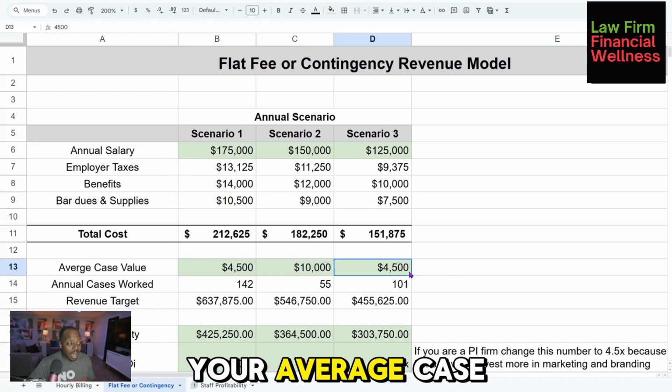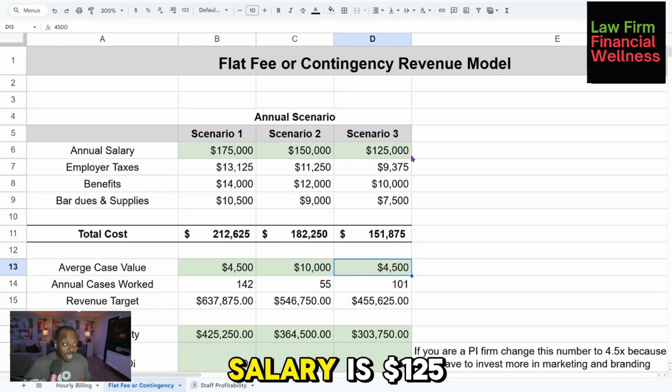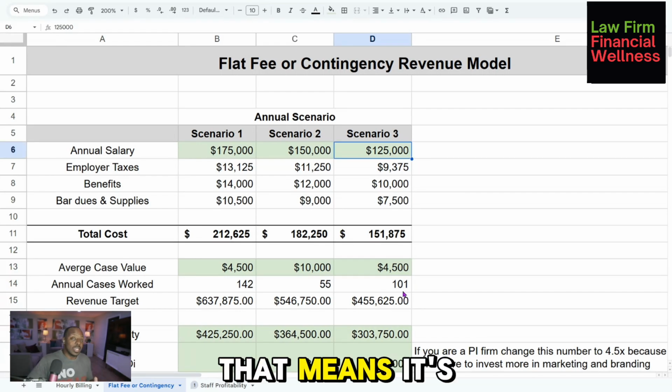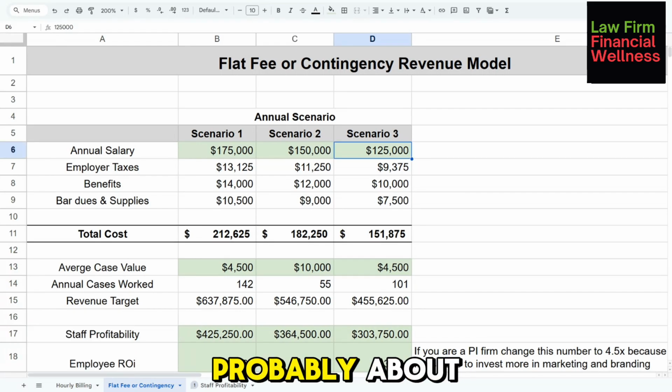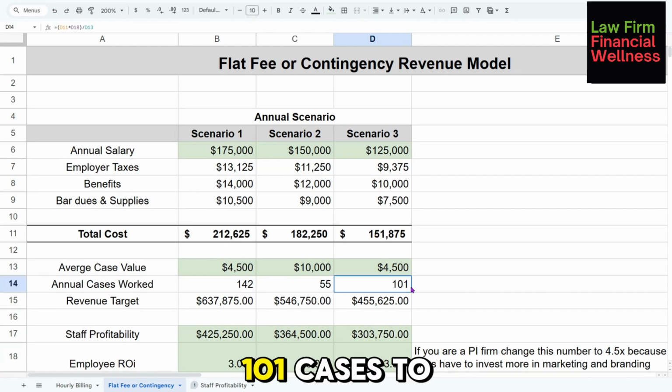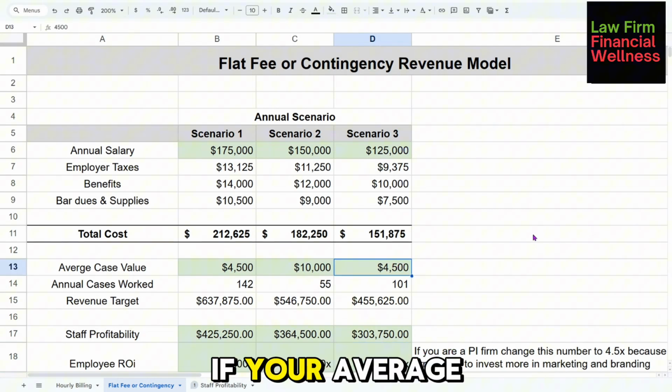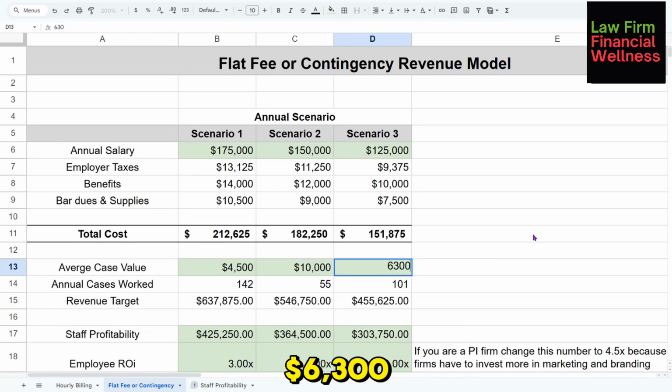Well, if that's your average case value and their salary is $125,000, it's going to take you about 101 cases to achieve a 3 times ROI. But let's say your average case value was $6,300.